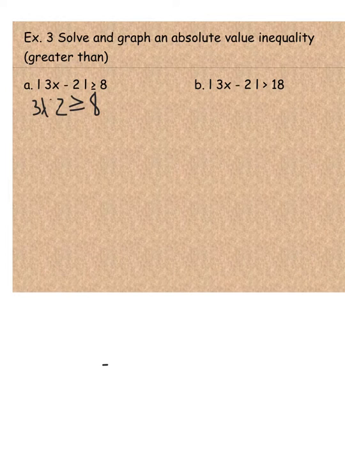And then we want the or, which will be 3x minus 2 less than or equal to -8. So you want to change both of those things, the inequality sign and the sign of the 8 that's there from a positive to a negative. So we'll have two things here.